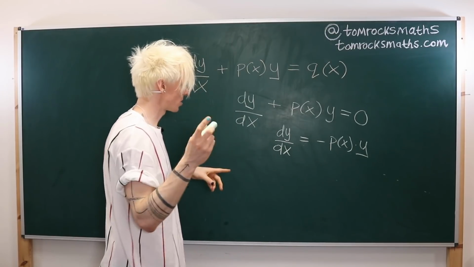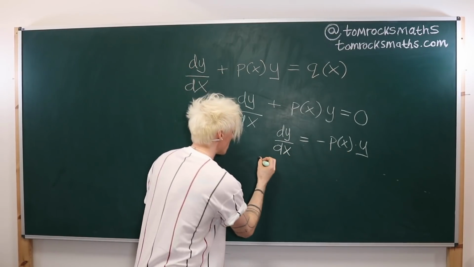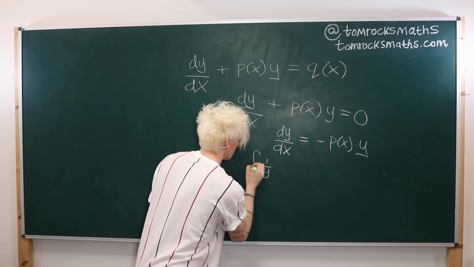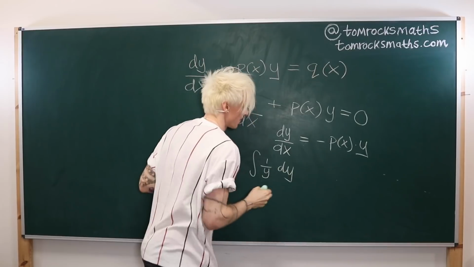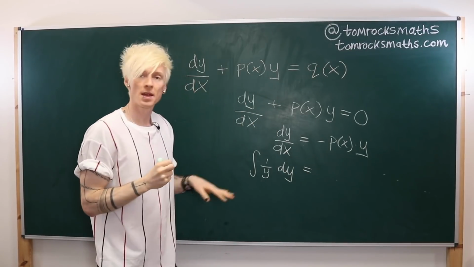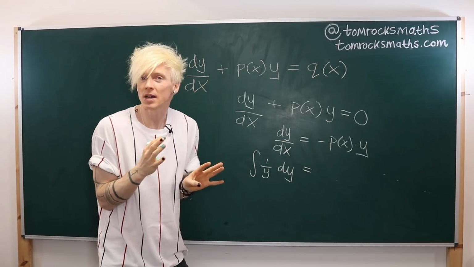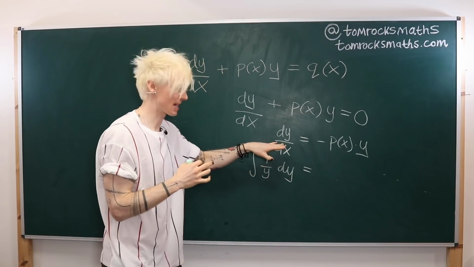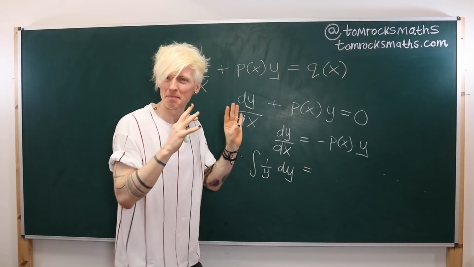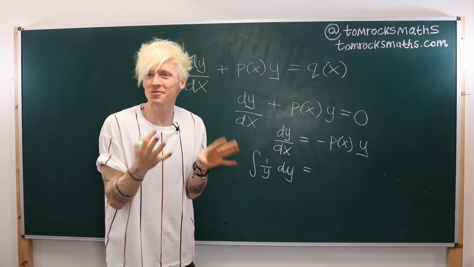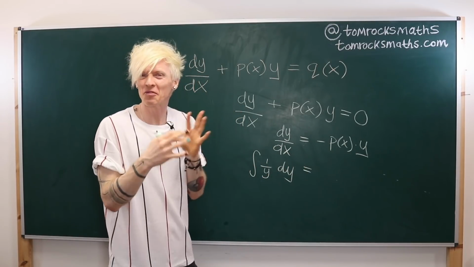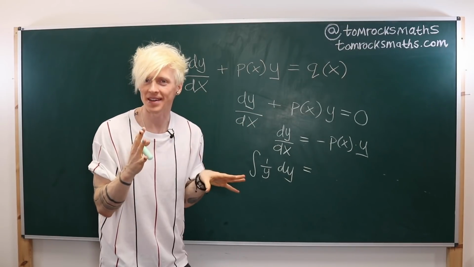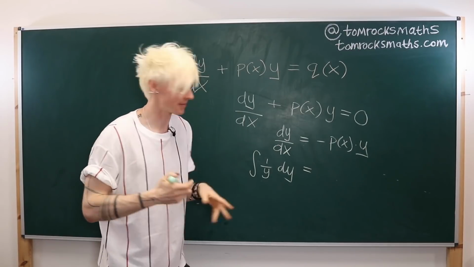So what we can do is divide through by y to get 1 over y, the integral dy is equal to, and then we integrate both sides with respect to x. You can think of it as taking the dx and multiplying up, though there is a formal mathematical process involving limit taking to justify this, but we're just going to do it here.